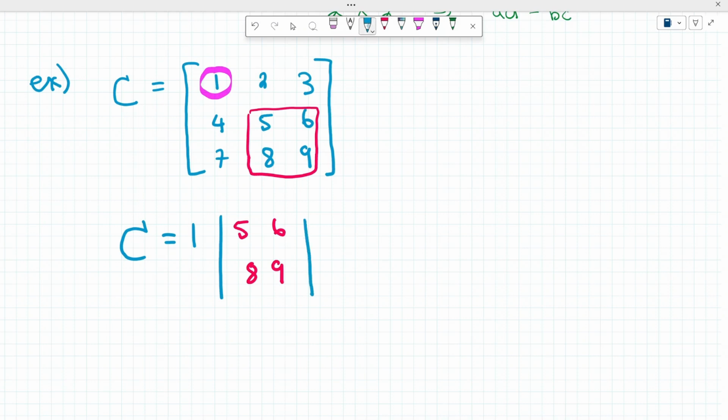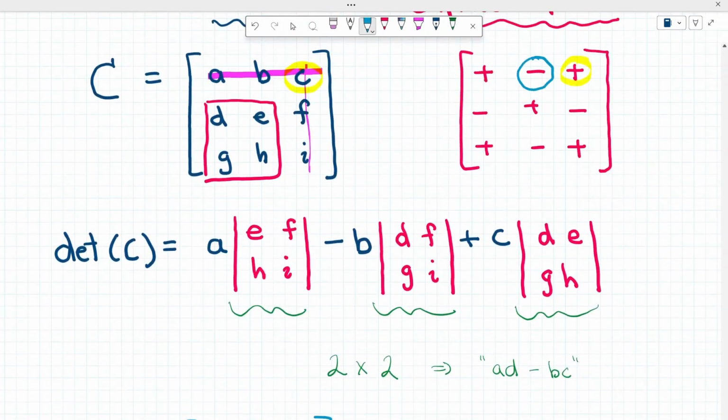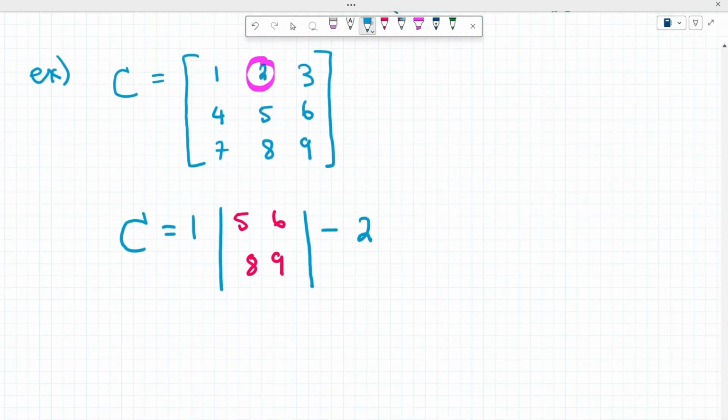Now let's do that for our next entry. We are looking at 2, and remember from our Laplace expansion that it has to be negative. So we do minus 2 multiplied by our next minor matrix, which is 4, 6, 7, and 9.